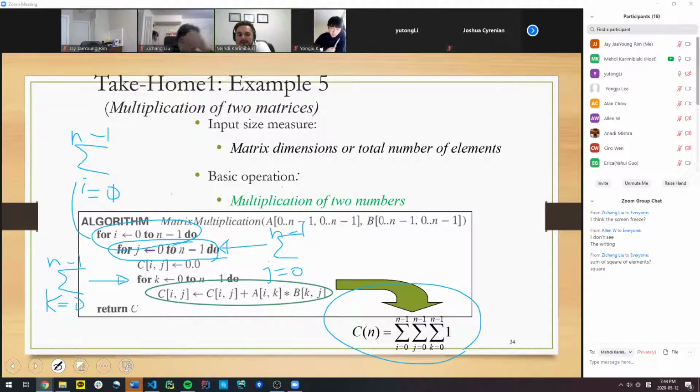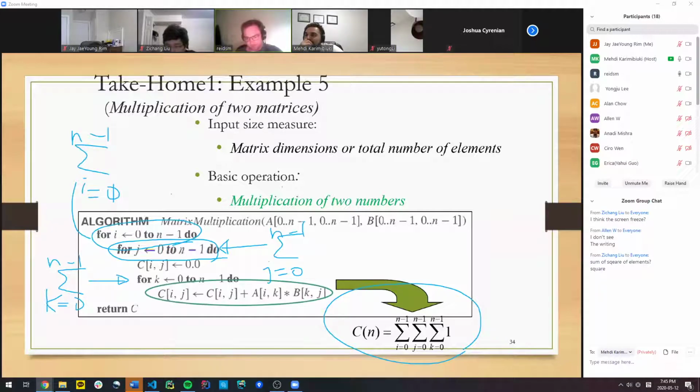Okay. Right. Can someone tell me what's the result of this? Is it going to be n cubed? Exactly. We can do a quick calculation. So let's do the first one.